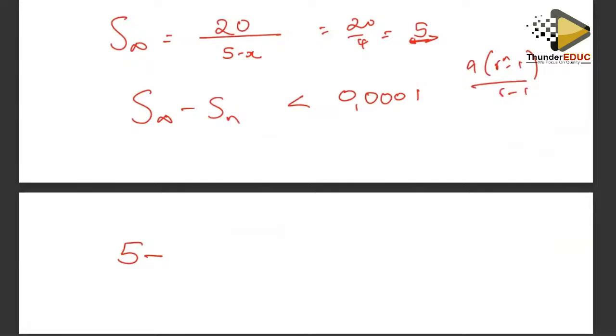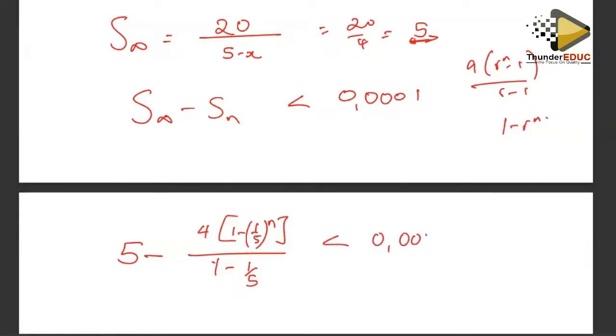Okay. So let's see. But we could also use 1 minus r to the n, no problem. So 5 minus brackets, our first term is still 4, into 1 minus 1 over 5 to the n, over 1 minus 1 over 5, should be less than 0.0001.